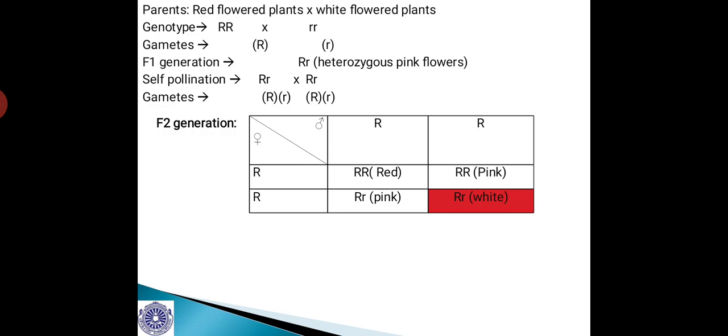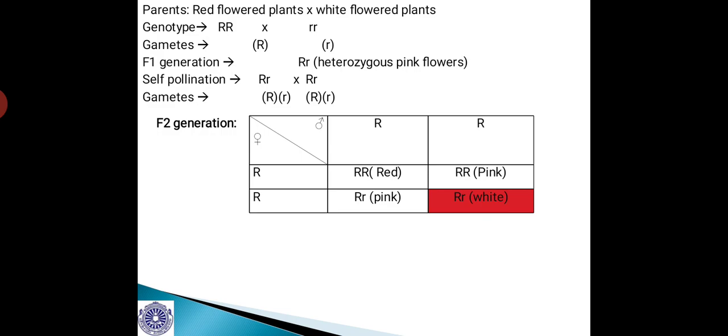The gametes produced are as follows: the dominant parent produces only one type of gamete, having capital R, and the same with the recessive parent, that is white flowered plants, with small r. In the F1 generation, as we already discussed in the previous slide, it will produce all heterozygous pink flowered plants.